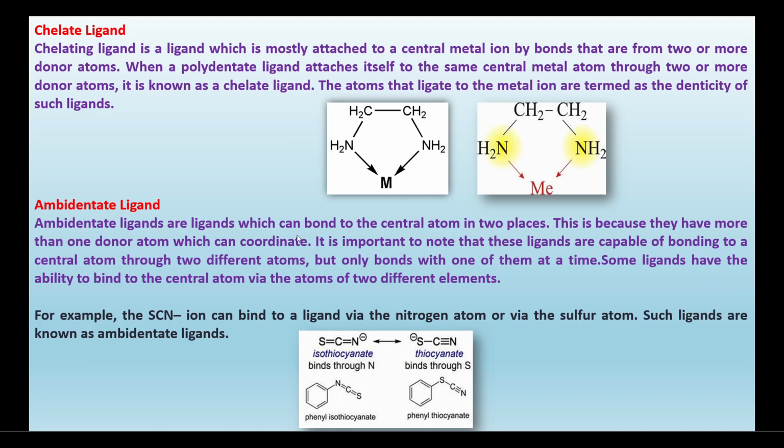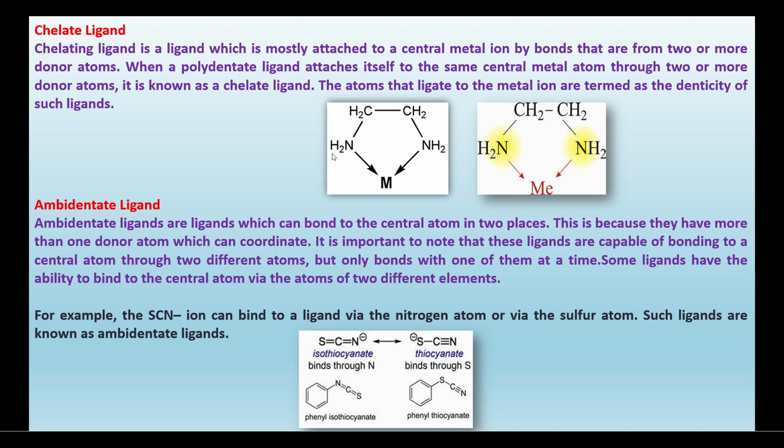A chelating ligand is a ligand where the central atom, the metal ion, forms bonds with 2 or more donor atoms.